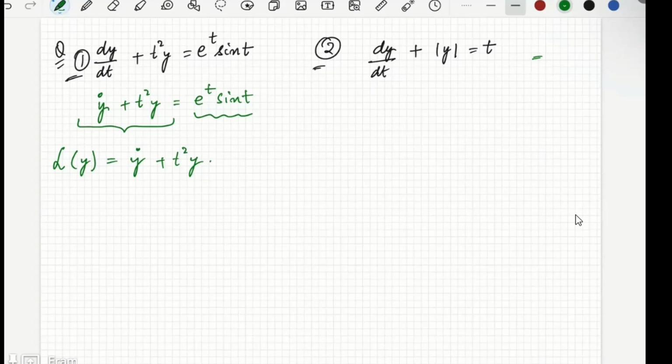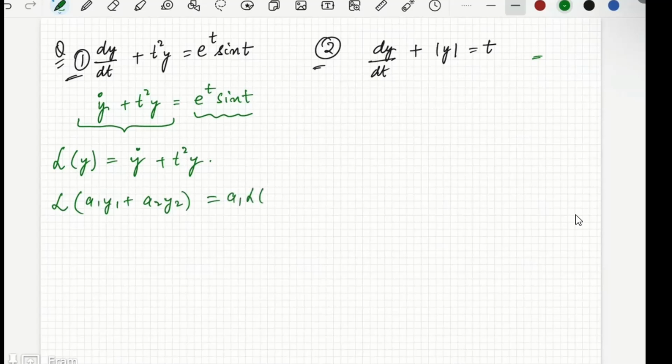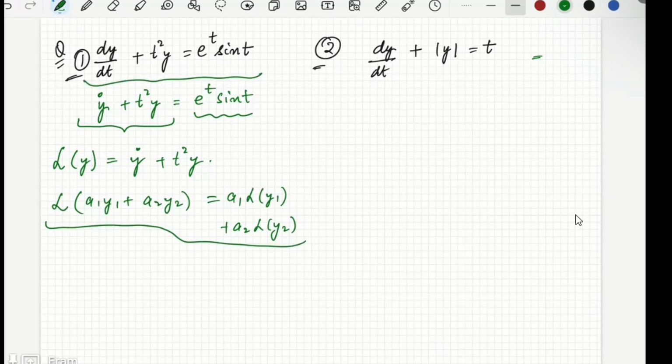Now we have to check whether L of a1y1 plus a2y2 is equal to a1 Ly1 plus a2 Ly2. This is nothing but the principle of superposition. If it follows the principle of superposition, we say that this system is linear. Now if you check this property for this one, you will see that the two sides come out exactly equal.